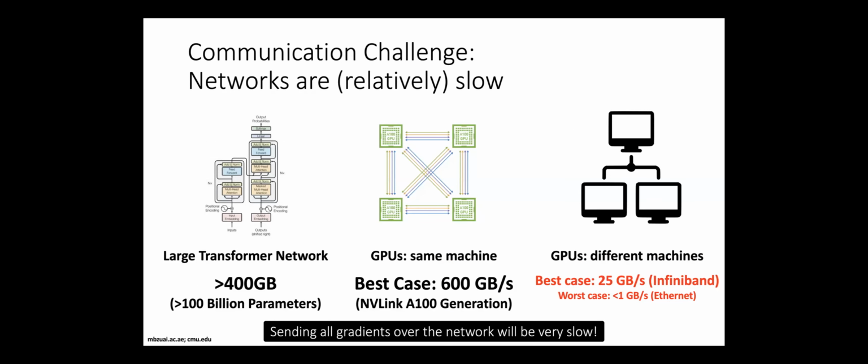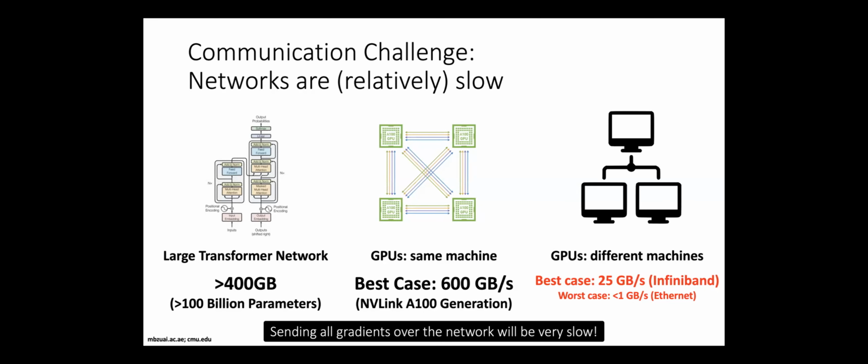Now, what's the bandwidth actually between GPUs in the same machine or even GPUs in a different machine? For a high performance machine, DGX class hardware, we're talking about 600 gigabytes per second between any pair of GPUs. This is for the A100 generation of GPUs.